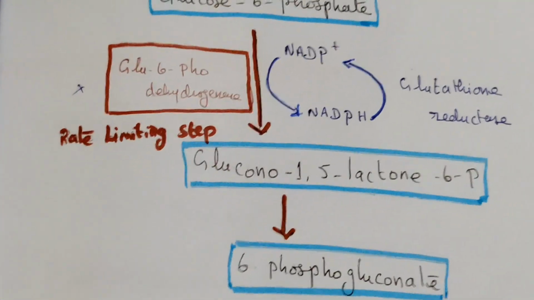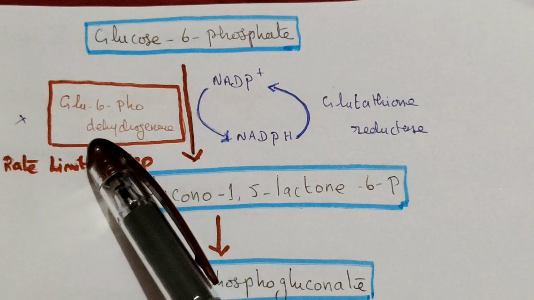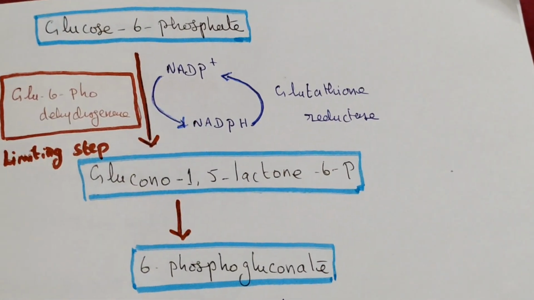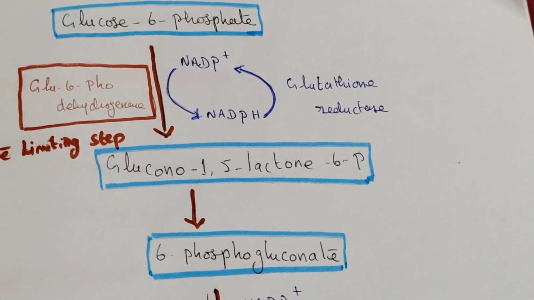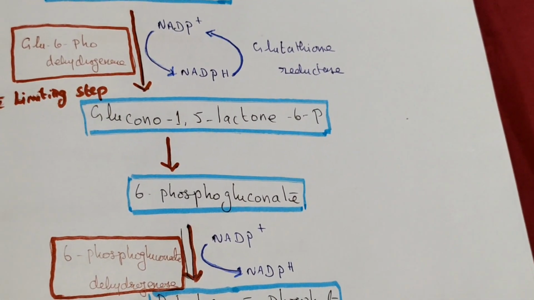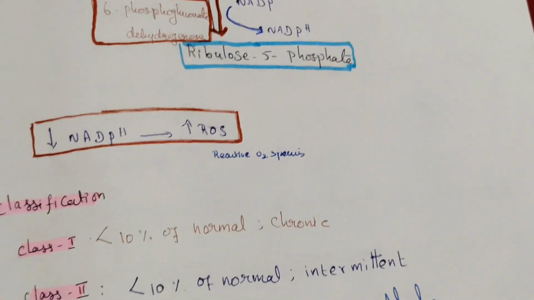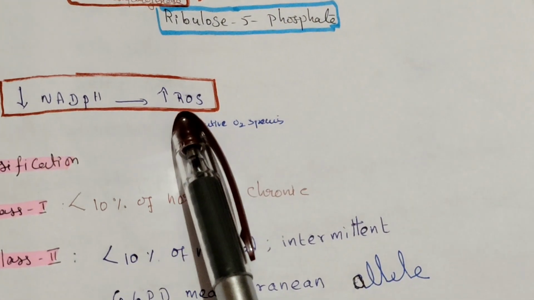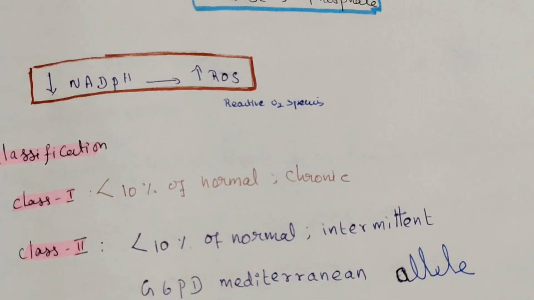Because of this enzyme defect, NADPH is reduced, which causes an increasing amount of reactive oxygen species that will affect the RBC. So NADPH level decreases and the level of reactive oxygen species increases.